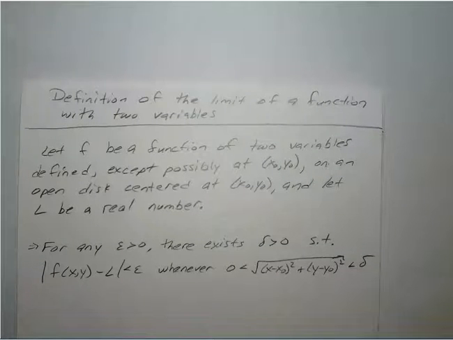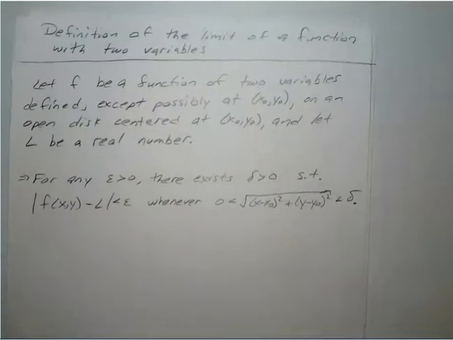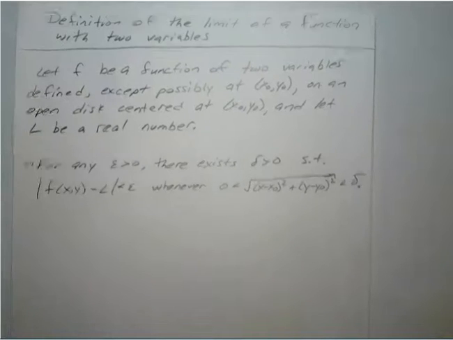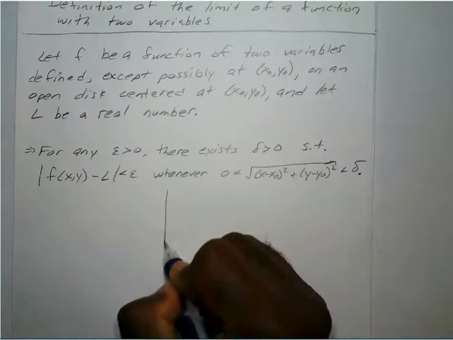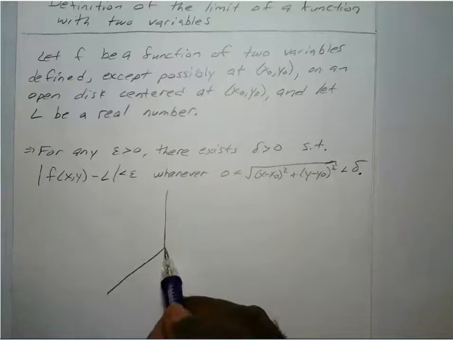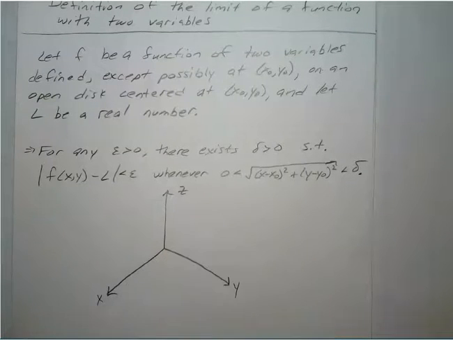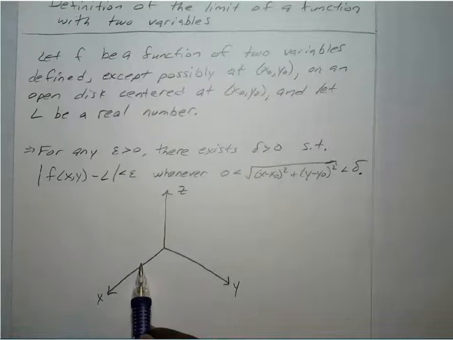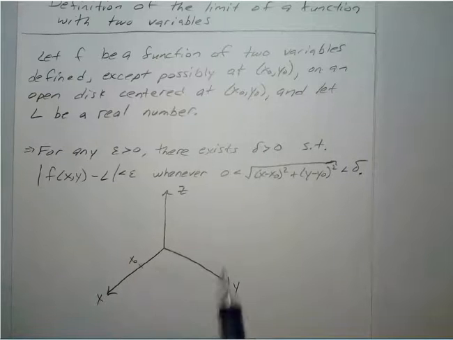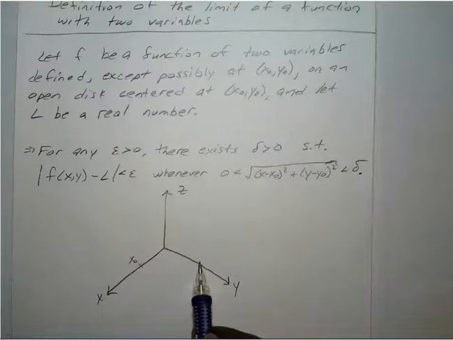All right, so to explain what all this means, I'll draw a little 3D graph here. So let's draw our three-dimensional plane where we have our x, our y, and our z. Again, we have some value here. This will be your x0. Let's say this is your y0 here.